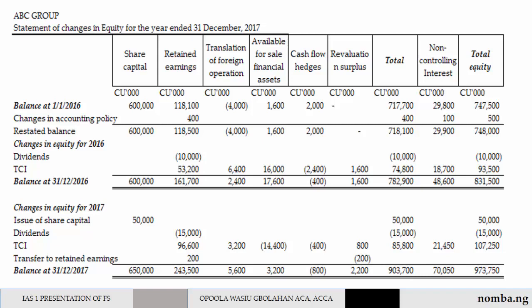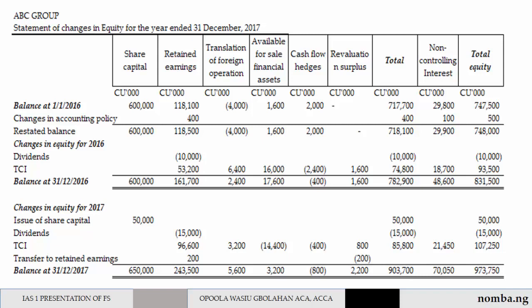So for the share capital, any contributions from owners of equity in form of additional contribution of capital will increase the share capital and possibly the share premium. This will arise when an entity issues additional shares to the public.